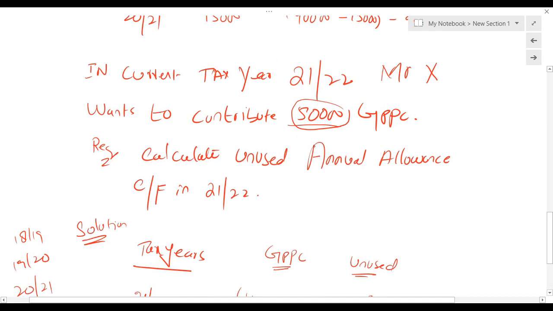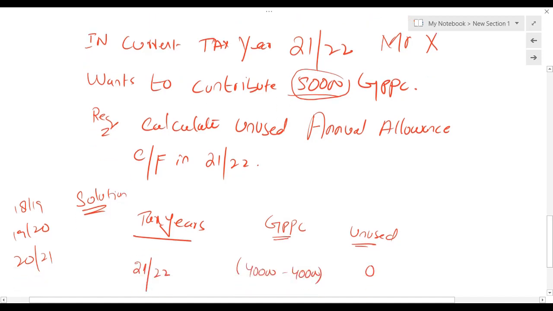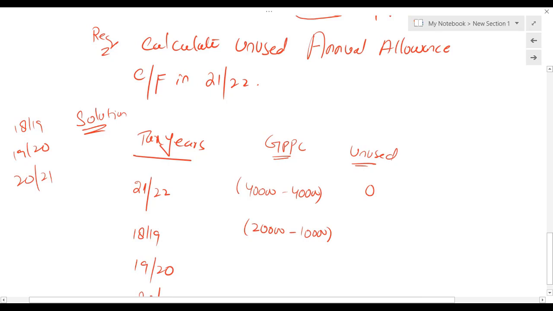First, this contribution will be deducted from the current year limit of 40,000. After that, I will go 3 years back, and then I will use the unused limit of the previous 3 tax years on FIFO basis. So in 18-19, I had unused limit of 20,000. From that 20, I'm going to deduct 10.